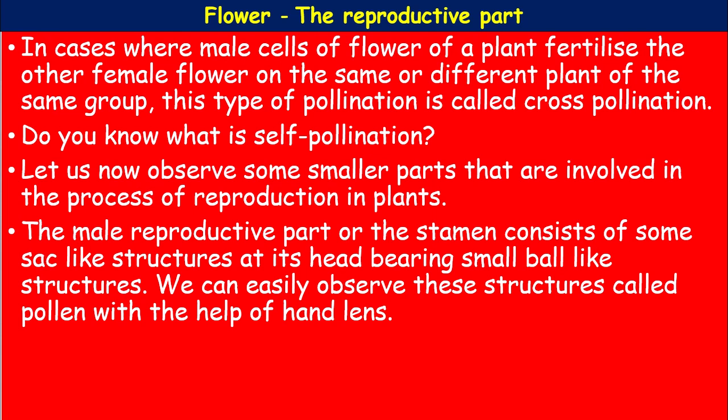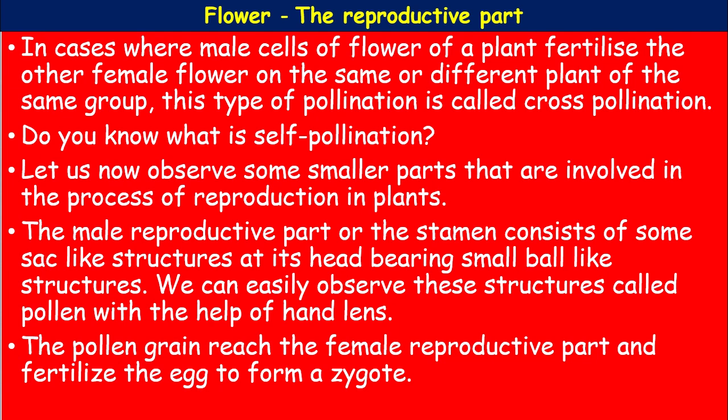You can easily observe these structures called anthers with the help of a hand lens. Pollen grain reach the female part, fertilize the egg to form a zygote. Okay, so that is the fertilization and the process of fruit formation.